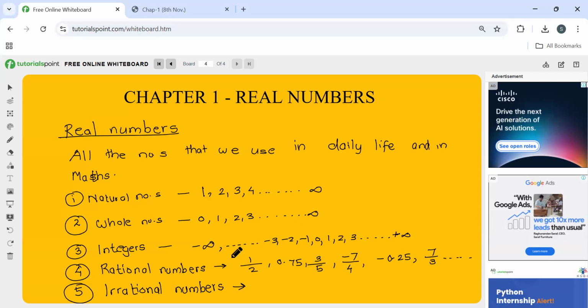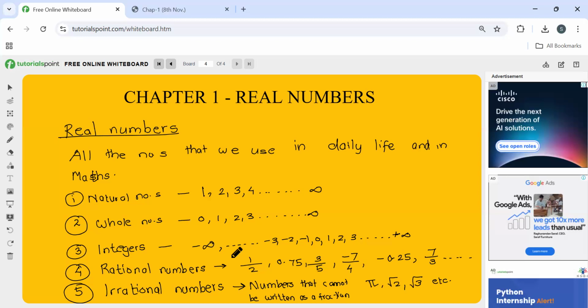Numbers that cannot be written as a fraction are called irrational numbers. The best example is pi, root 2, root 3, etc.